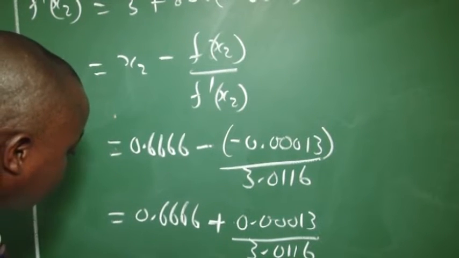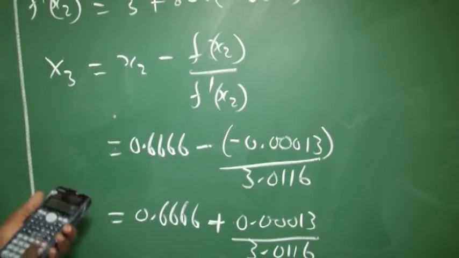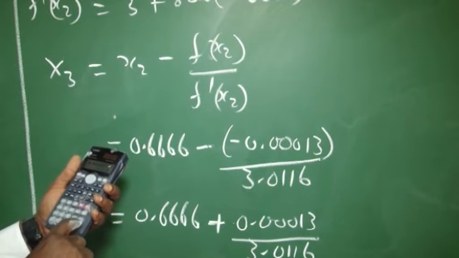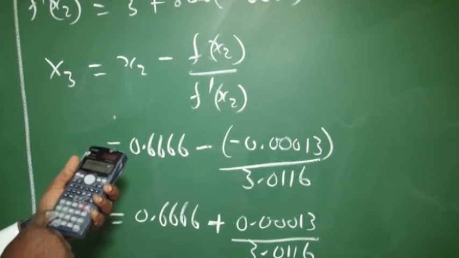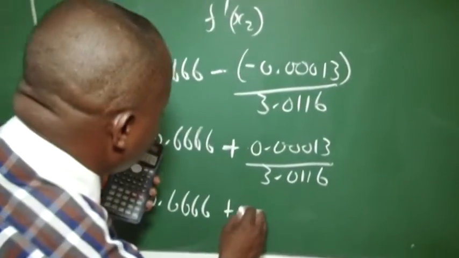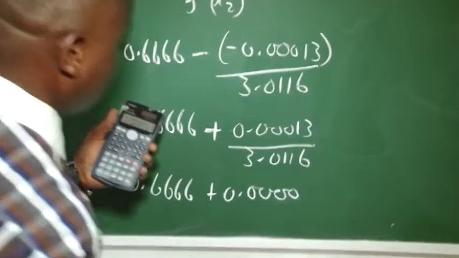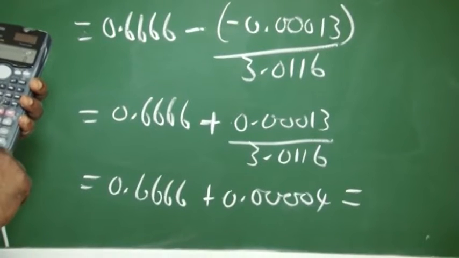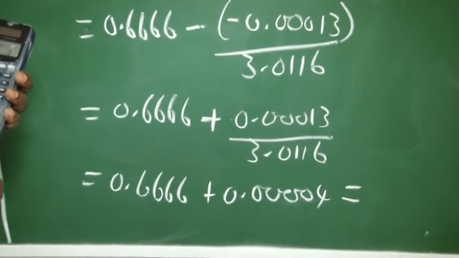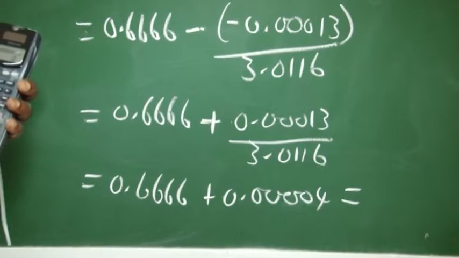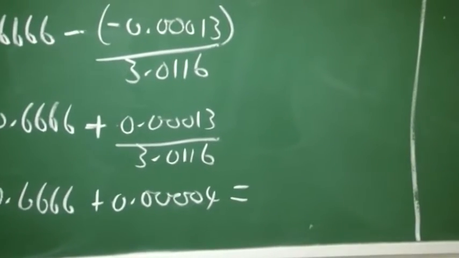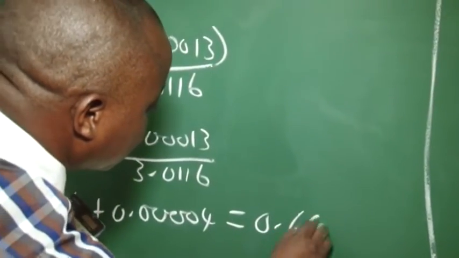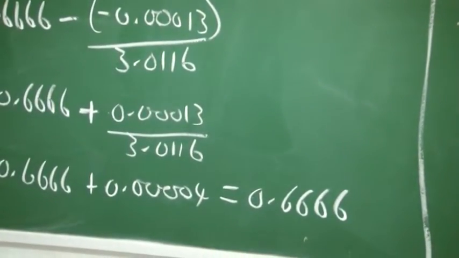So 0.6666 plus 0.00013 divided by 3.0116. This gives us 0.00004. Now if you add this, you have 0.6666 plus 0.00004, which gives us 0.6666, okay, to 4 decimal places.